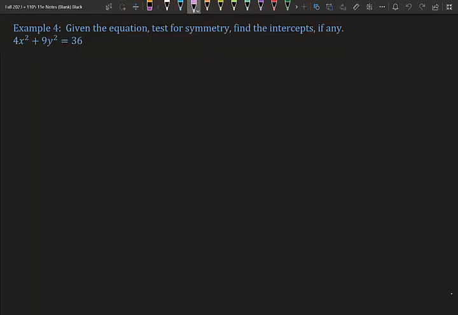Alright, let's test all three. We have x-axis, y-axis, and origin. Alright, we have 4x squared plus 9y squared equals 36. Alright, so let's do our x-axis.